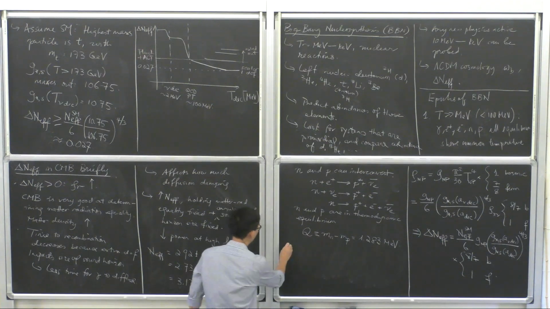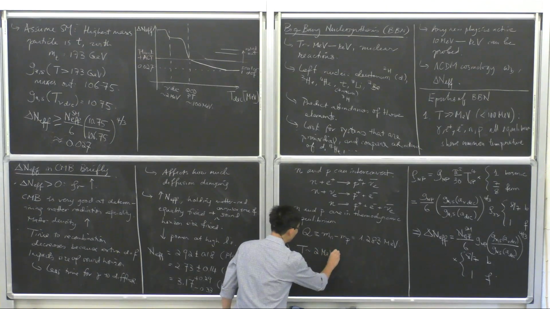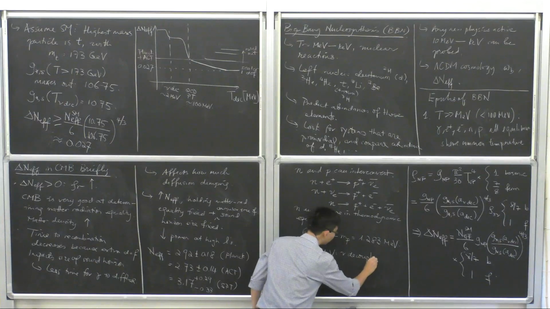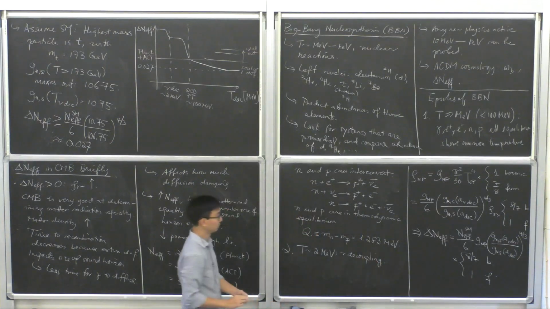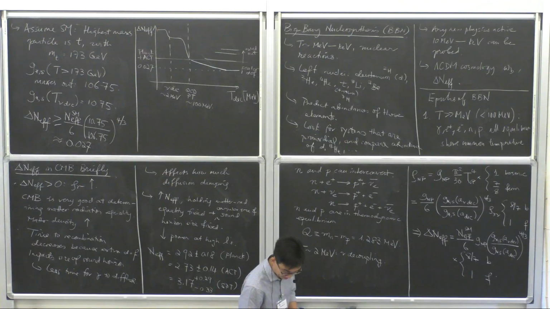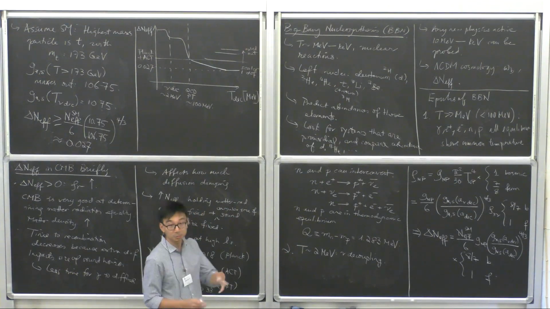And then the first thing that happens, which I've already discussed, is that at T of roughly 2 MeV, we get neutrino decoupling. Okay, so that we've already discussed. Then the next thing that happens is the same story again.